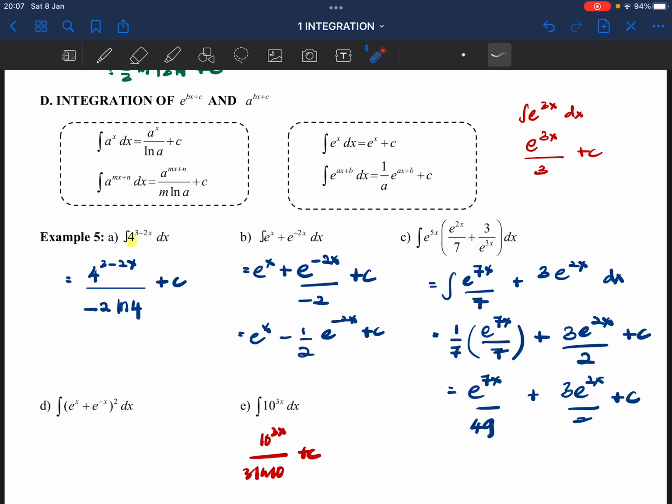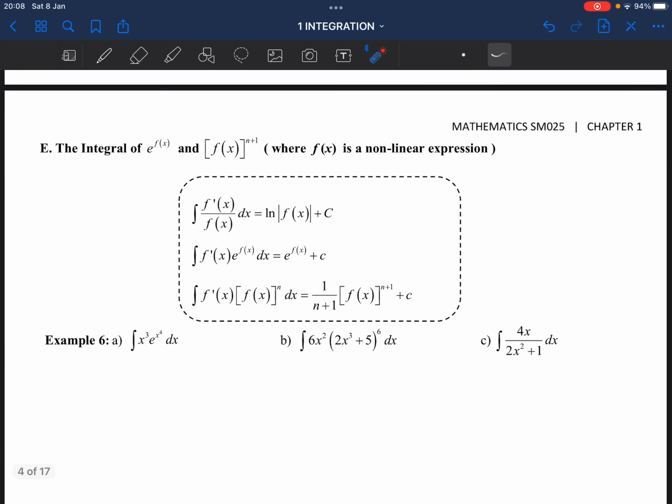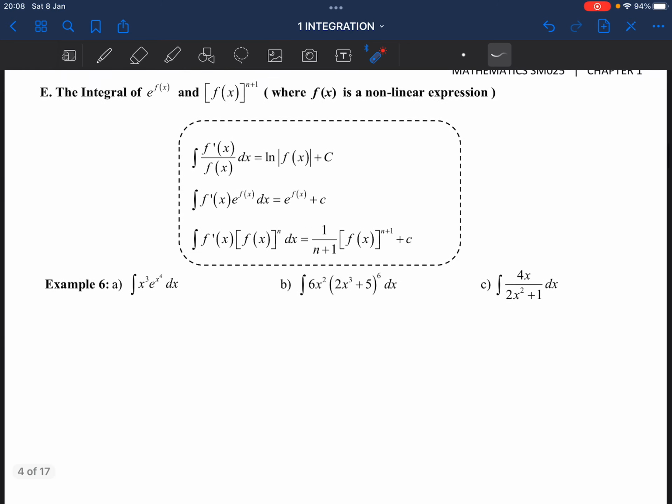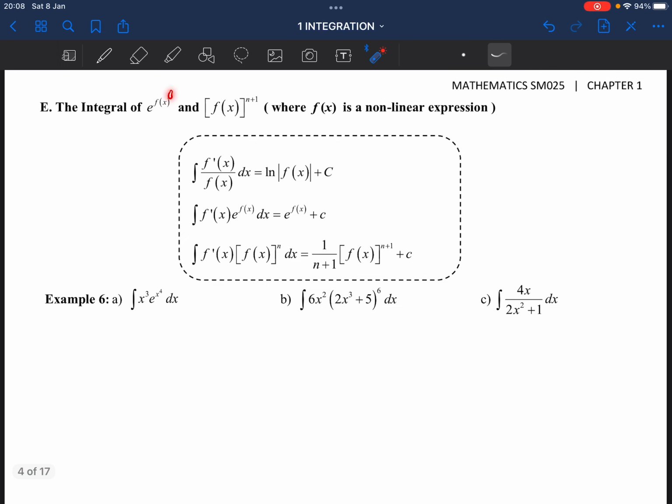Okay, alright, so last part for this video here, we have the integral of e^(f(x)) and f(x) power n plus 1. Okay, so this is actually a special case, which is ada teknik dia untuk buat, tapi this is the easier part lah to do. Okay, so let's take a look at question B first.